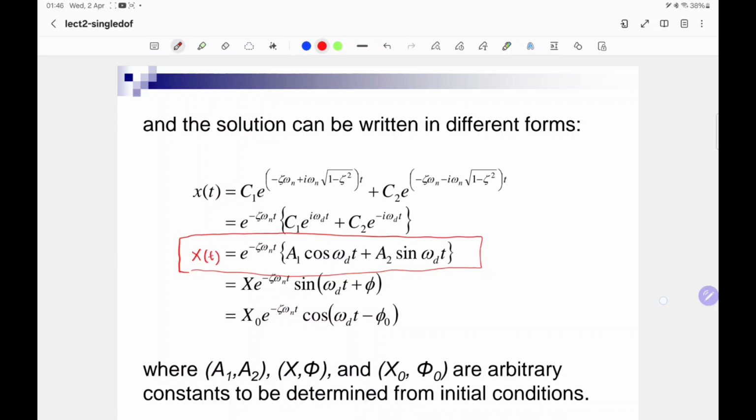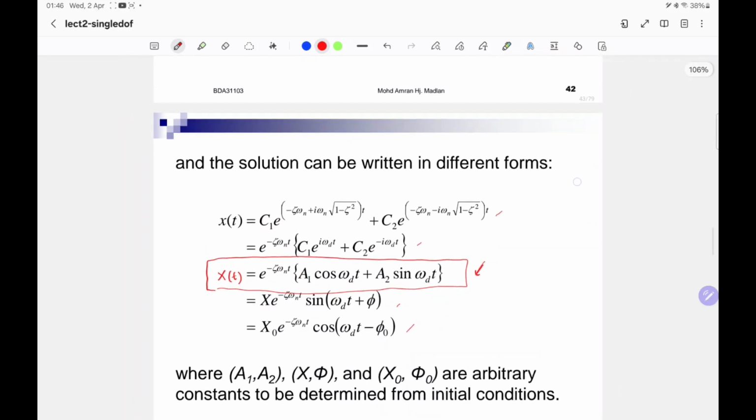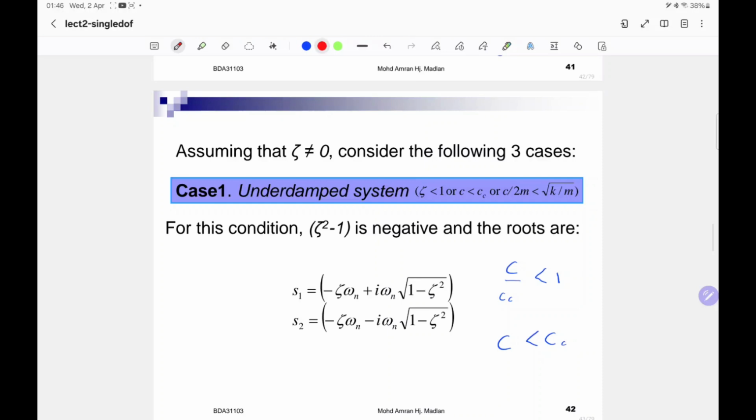As I mentioned earlier, you can use any of these, all of them will give you the same answer, but to me the easiest way is to use this equation instead. And for free vibration of damped system, there are 3 different cases.